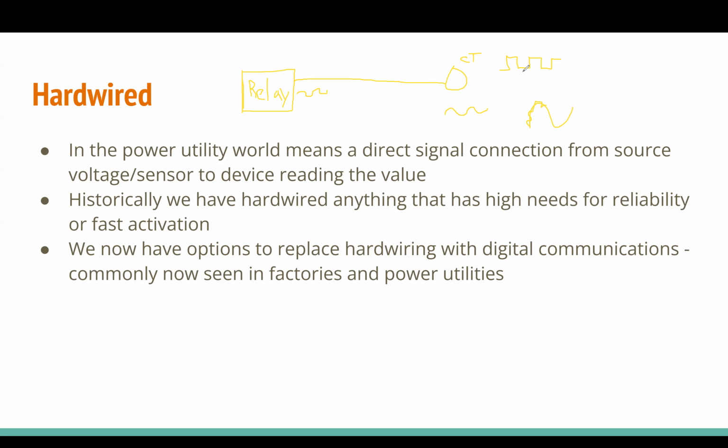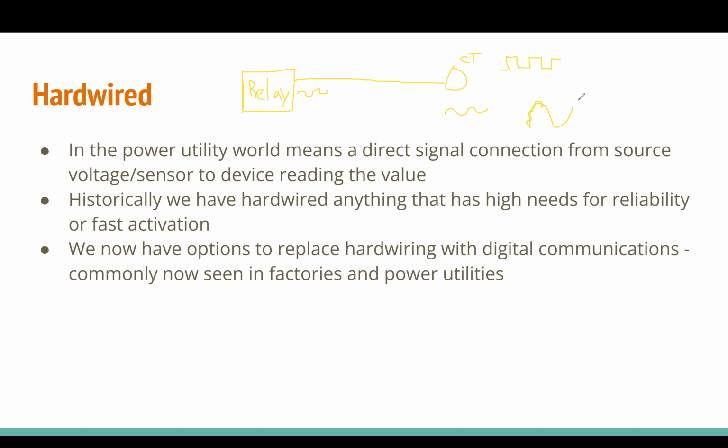I could send the voltage value from Maine to China, and with a digital signal, it's going to be represented exactly as I had it in Maine, whereas if I tried to send it as an analog waveform, it's going to get distorted over the line length. So in terms of accuracy, sometimes digital can be better, but yeah, we were talking about reliability here.